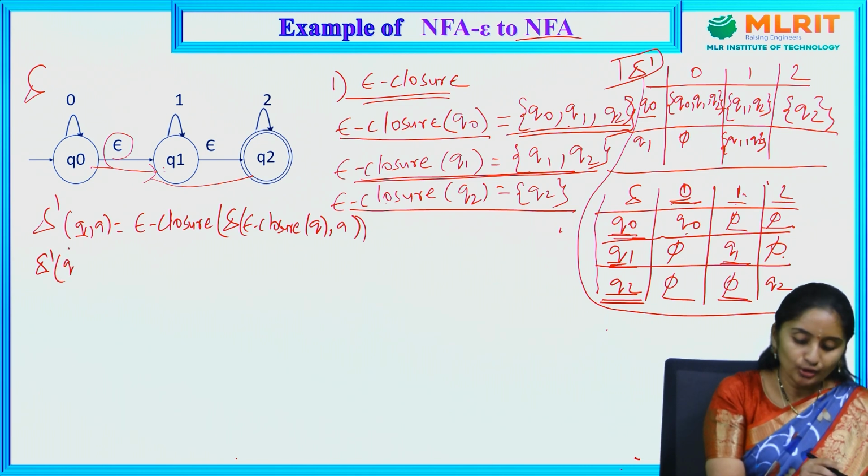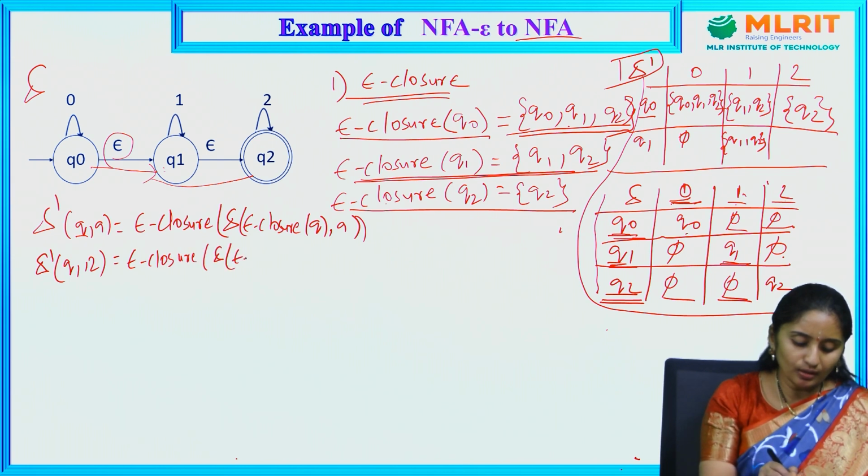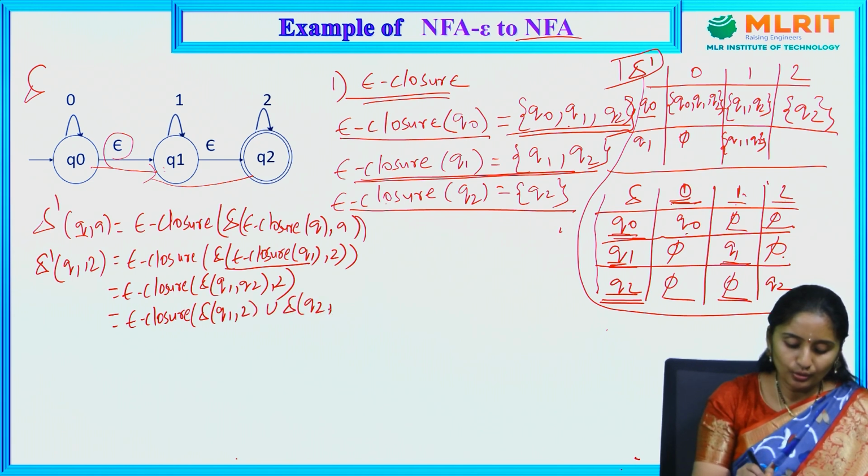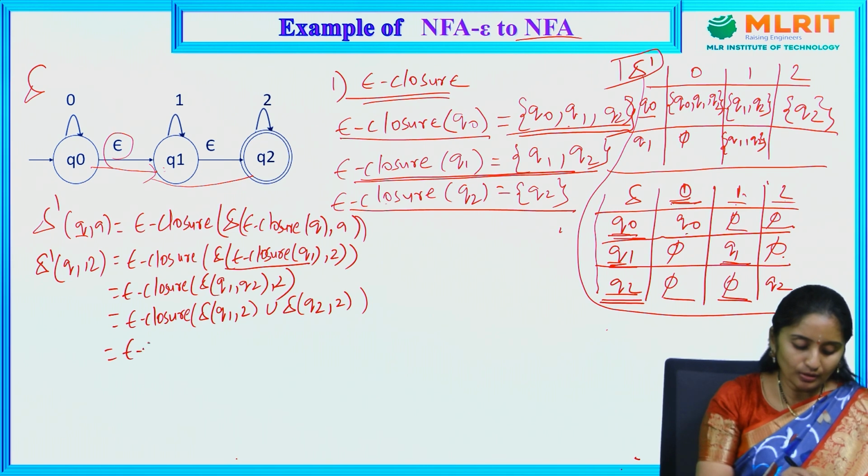Delta dash of Q1 on input 2 is epsilon closure of delta of epsilon closure of Q1 comma 2 input. So epsilon closure of delta of epsilon closure of Q1, what I have? Q1 comma Q2 comma 2 input. So epsilon closure of delta of Q1 comma 2 union delta of Q2 comma 2.